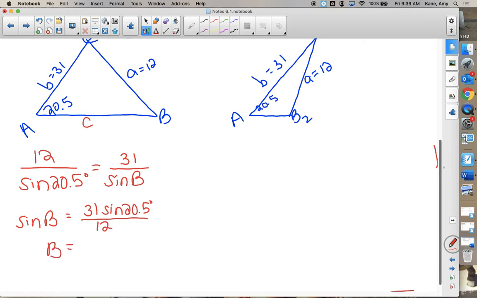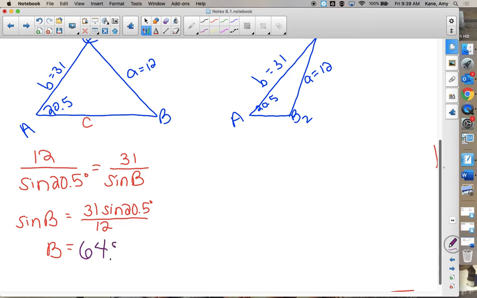Plug that in your calculator. Use the inverse function, the second answer function. Get a value for the angle. 64.8?